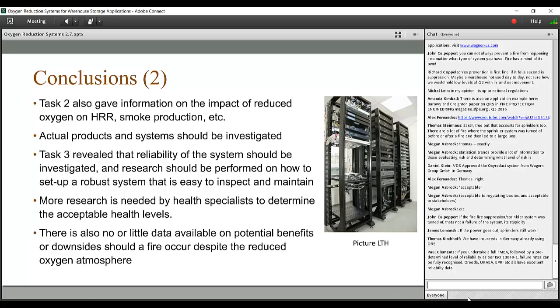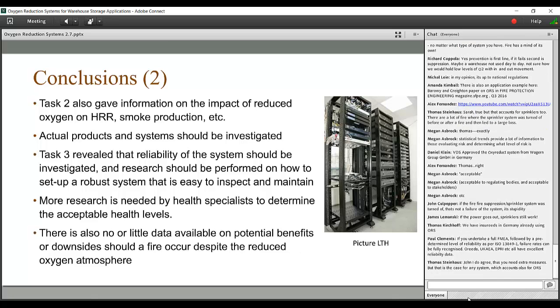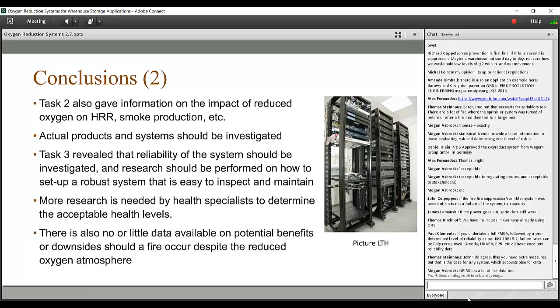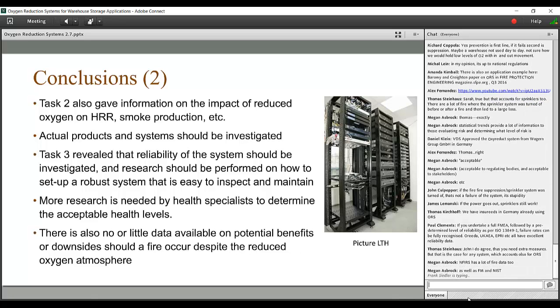We feel also that there's a need for actual products and systems to be investigated. Much is focused on materials. Pure materials are not always the only type of materials in a warehouse. It's very complex products with different materials involved, and they are sometimes also very complex with respect to the system, for instance how it is mounted or produced.